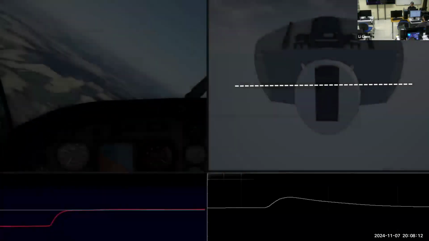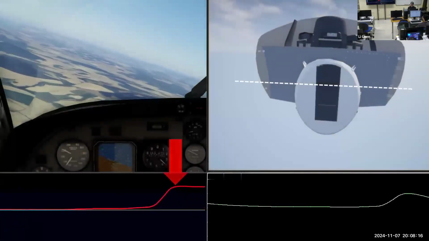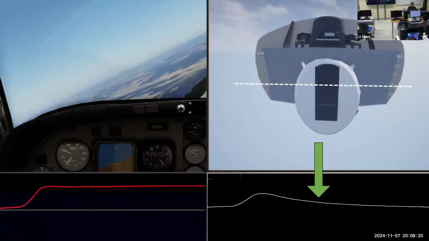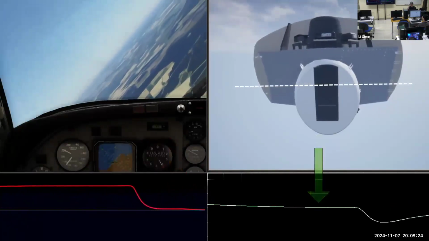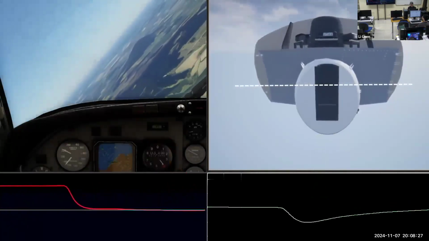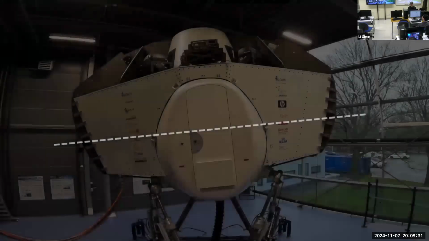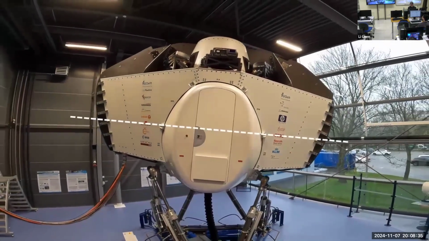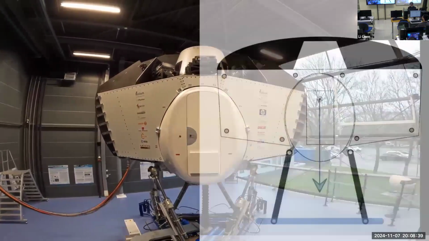But the really clever part of the washout filter lies in the fact that as soon as the roll rates calm down, the platform will always tend to move back to neutral or zero roll. This is called washing out the signal, and it makes sure that we never tilt the platform for too long. And as you might have guessed, it's also exactly what we need to stop the side forces that we've been struggling with.